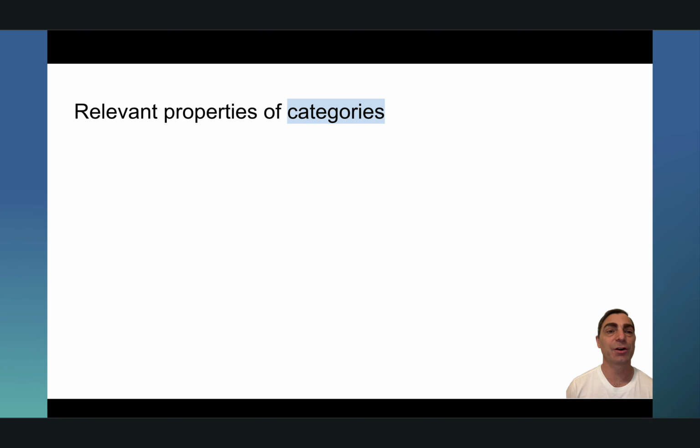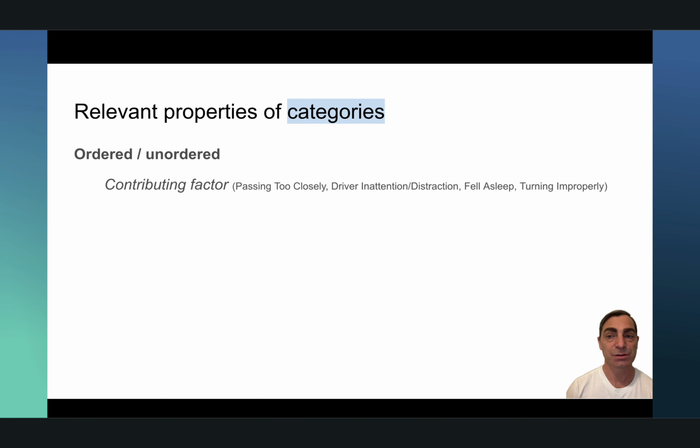So let's start from relevant properties of categories. One of these properties we have already covered. The categories can be ordered, they can have an inherent order, or be completely unordered. So as I said, contributing factor doesn't have any inherent order, whereas collision severity has an inherent order.